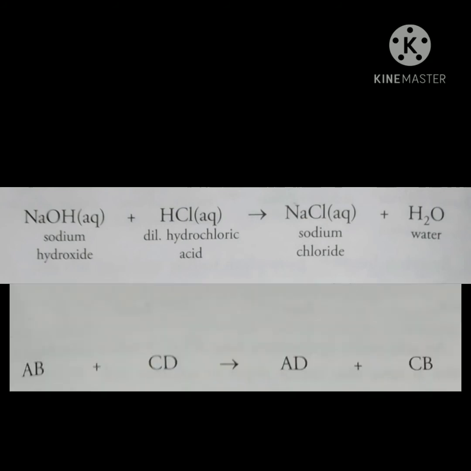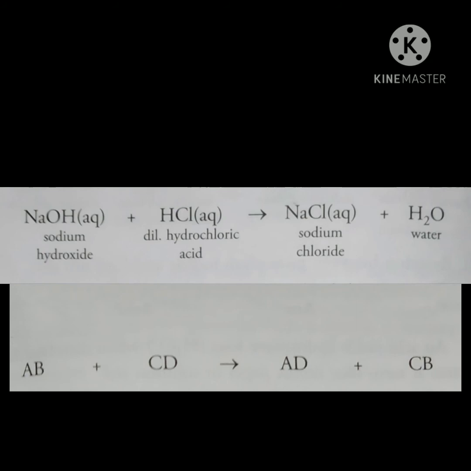Now let's compare it with the general formula. Na is A, OH is B, H is C, Cl is D. We know that B and D are exchanged, so the product becomes NaCl and H2O.